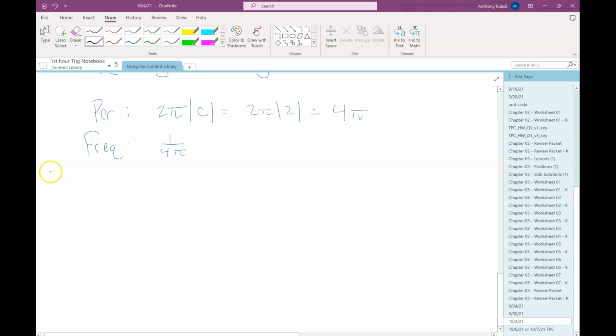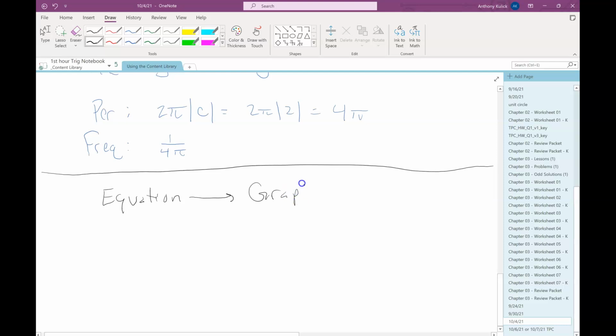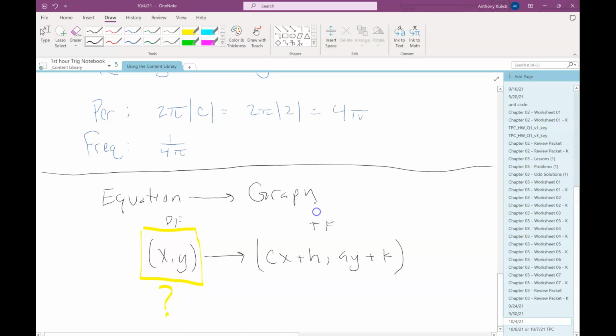So we've talked now just about the functions themselves and some of the attributes. Let's talk about actual graphing. So let's talk about going from the equation to the graph. Now we remember to graph transformations, we use this map. The question that we're left with is, what points from the parent function do I want to use?